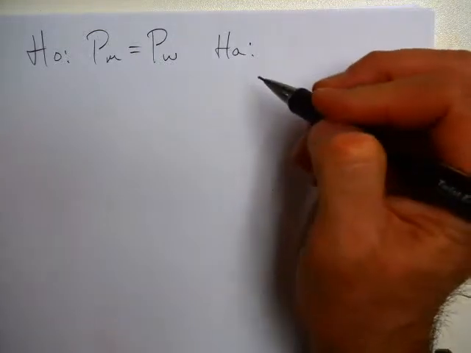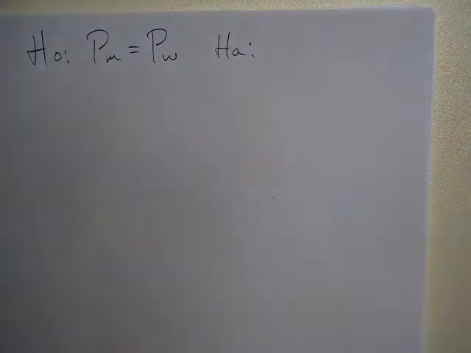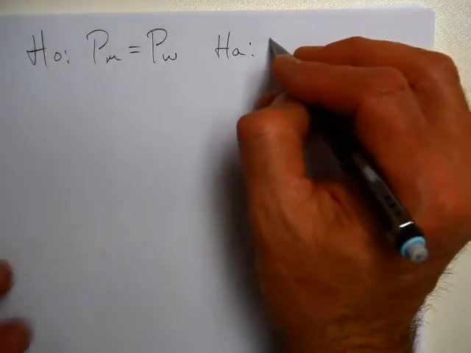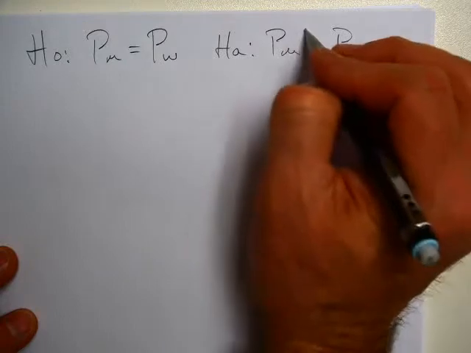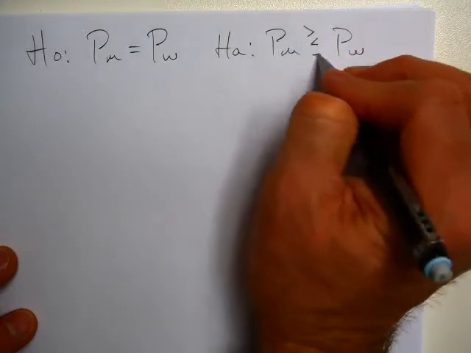If you didn't already know what the data said, what might your alternative be? They could just be not equal. If you didn't know anything at all, you might just say it's not equal. You could, but it could be an inequality too.